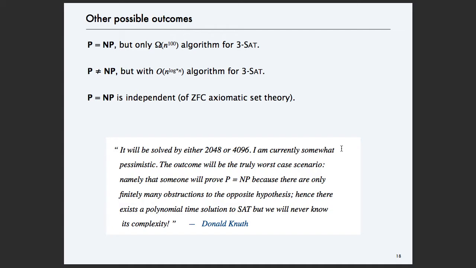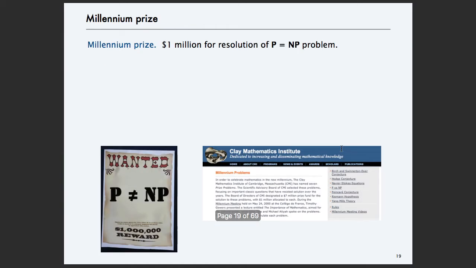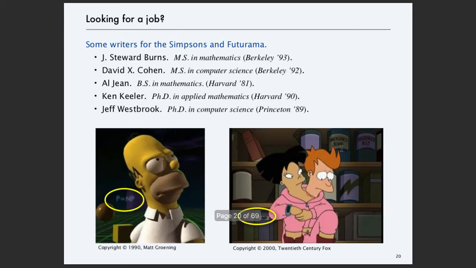So we are doomed. The Millennium Prize has $1 million for solving it. So if you do, you also become an instant millionaire.